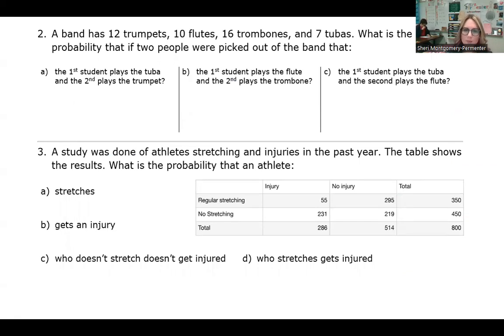Well, if we're pulling them out of the band, we need to know how many there are total. To do probability, it is always the part out of the whole. So we need to know how many are total.